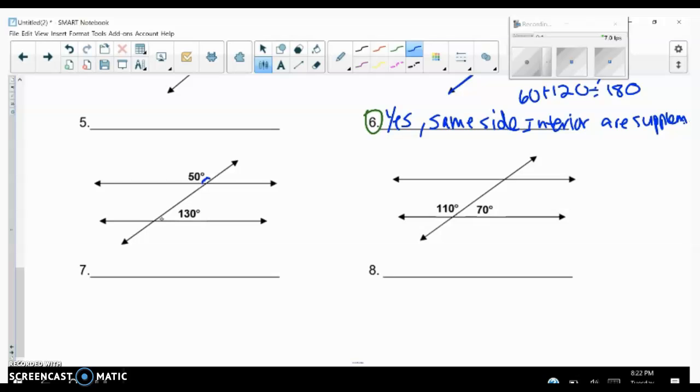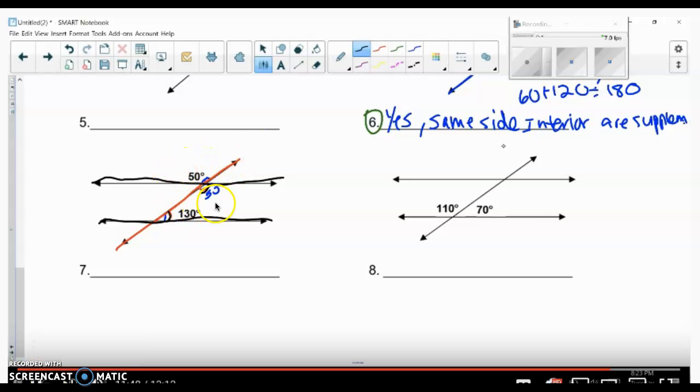All right, let's take a look at 50 and 130. Now this one is a little bit tricky because we don't have an exact relationship, but we know that our vertical angles are congruent. So if we have 50 on the top left, then we have to have 50 on the bottom right, just in terms of where this transversal hits this line.